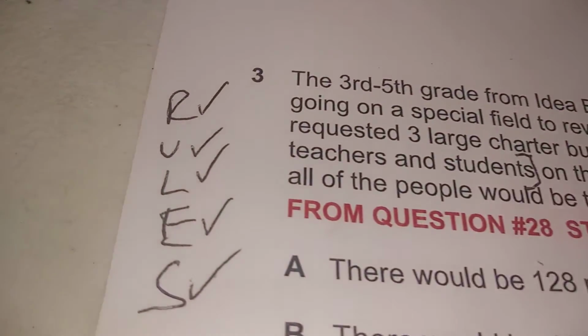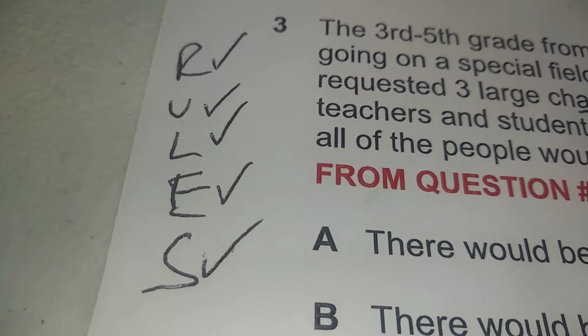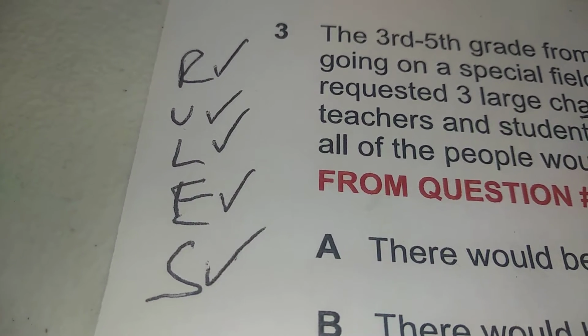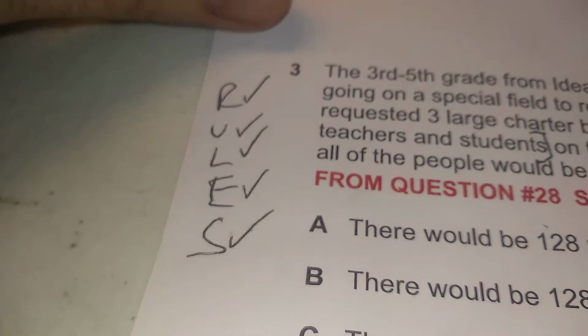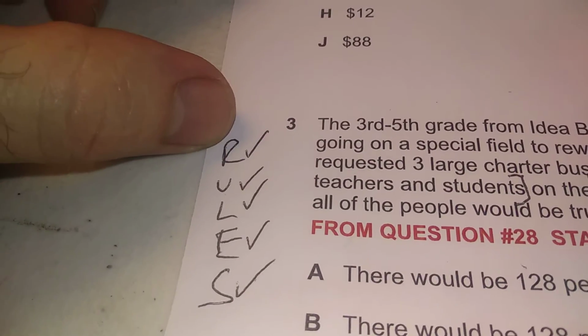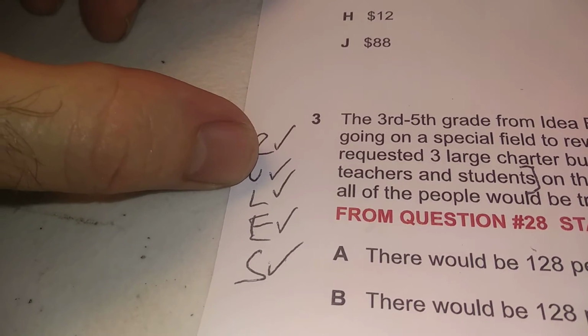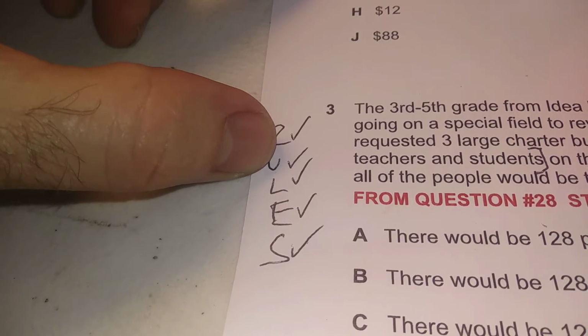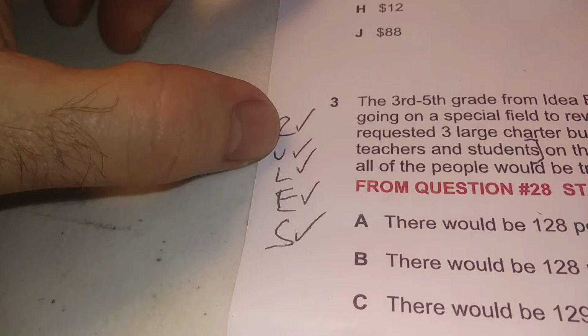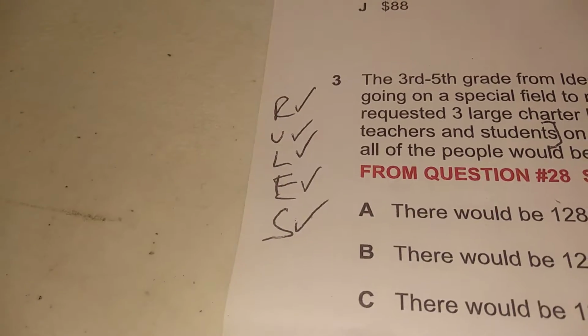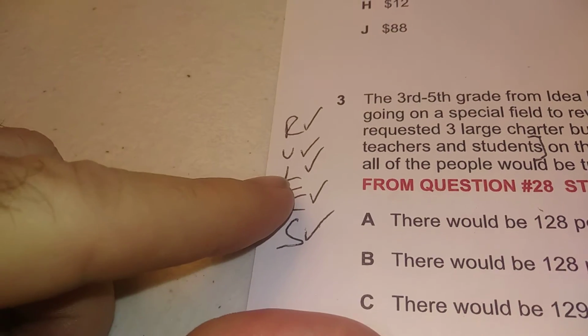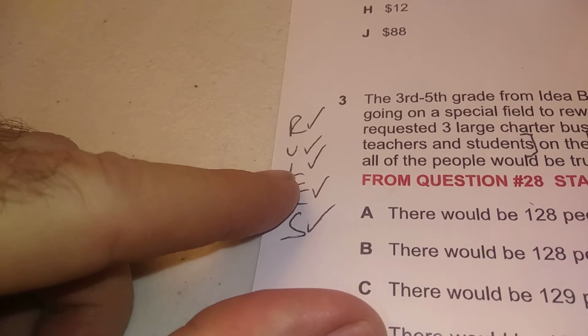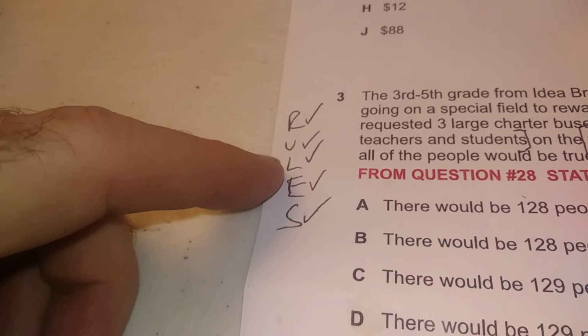For those of you that aren't familiar, I start off every problem by writing my RULES acronym on the left-hand side. Basically, in a nutshell, the R is for reading the question, then the problem. The U is for understanding and underlining anything in the question, the meat of the problem that will help us. The L is for labeling anything in the problem that will help us with the question.